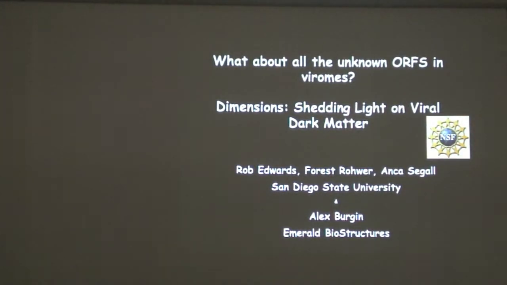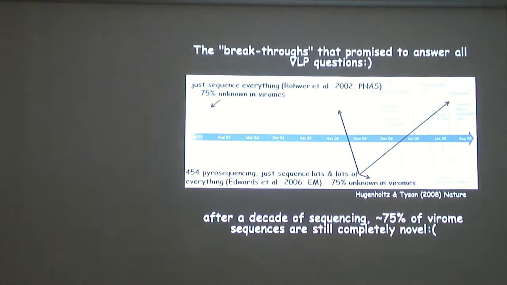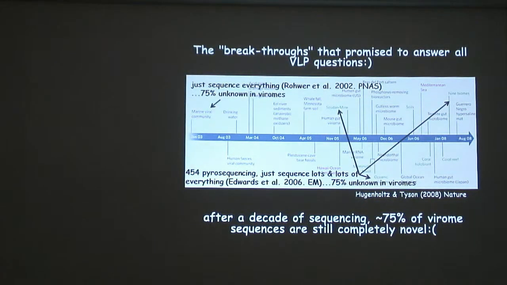The other thing that we're doing now is trying to figure out what all these stupid unknowns are, because it gets a little old, just saying we have all these unknowns. And I'm just going to show you just briefly to give you a feel of, this is a joint grant with Rob Edwards, myself, Panka Segal, and Alex Bergen. And here's the problem, all right?